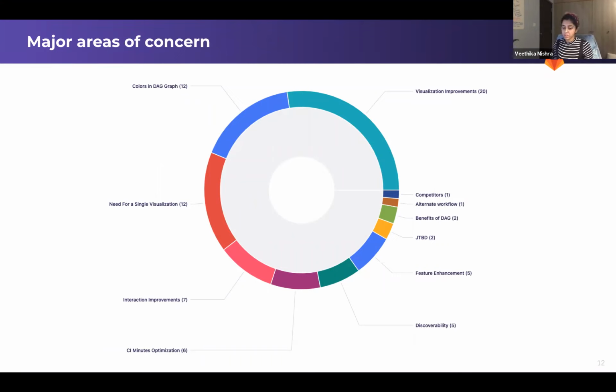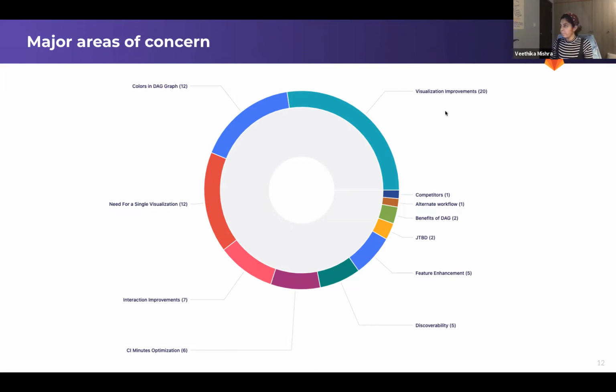By the way, this mixed research method was really useful because the comments that users left on the feedback issue were kind of reactive, and also lacked contextual information, because they would probably be clicking on the link to the feedback issue out of a reaction because they were facing some problems, and they just wanted to go there and put their thoughts. But when we conducted the interviews, we were able to get context to all of those comments that were there on the issue. So it was very helpful.